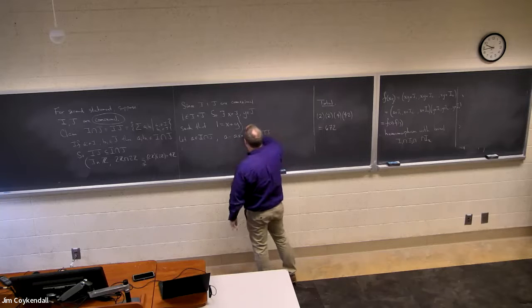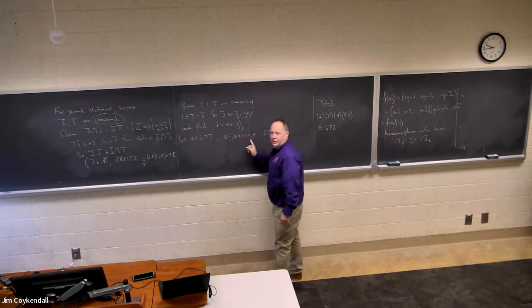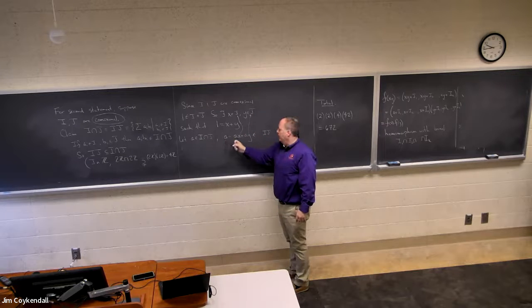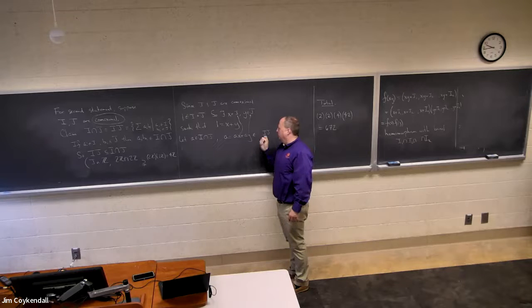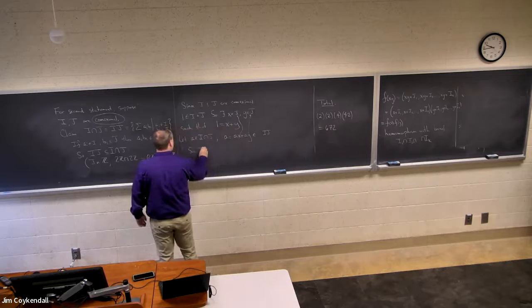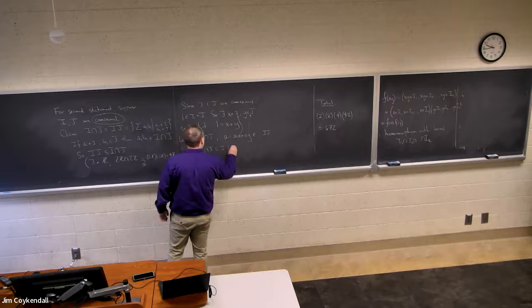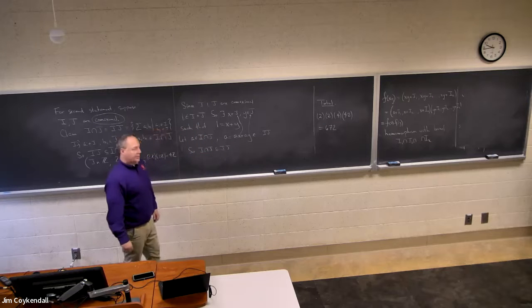And y is in J, and a is in I, so this is also in IJ. This is a product of something in J and I, this is some product of something in I and J, so this is in IJ. So if they're comaximal, you get the other containment.